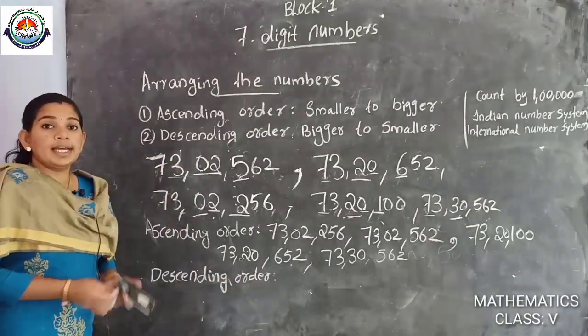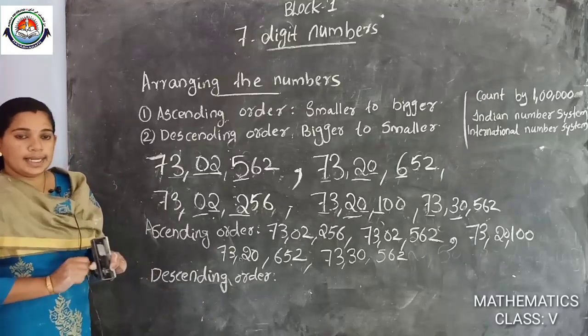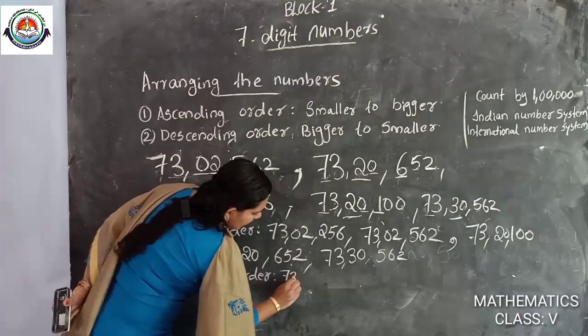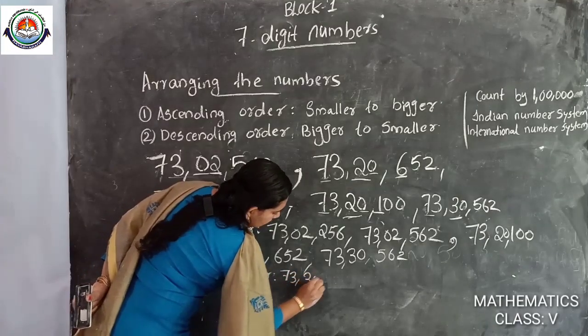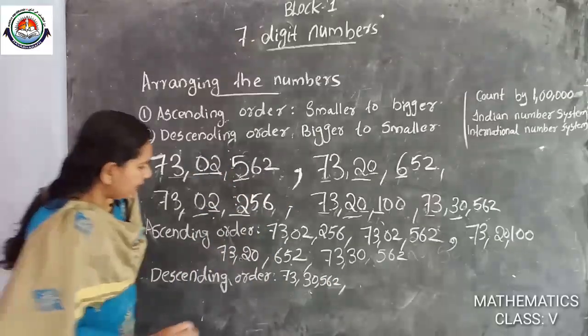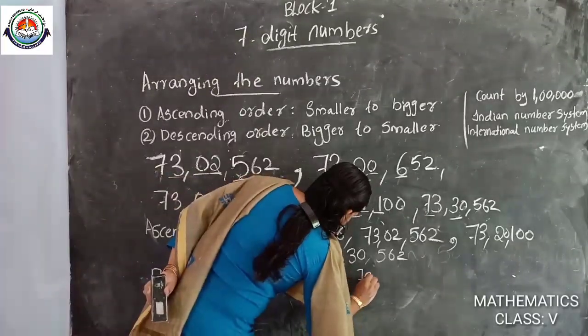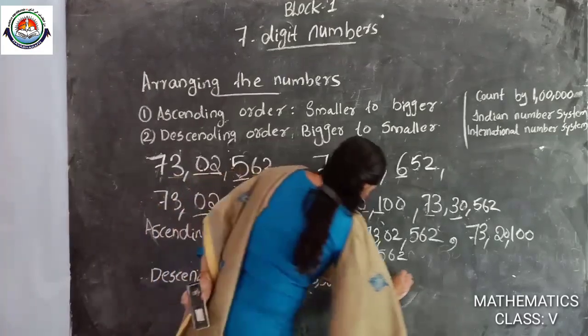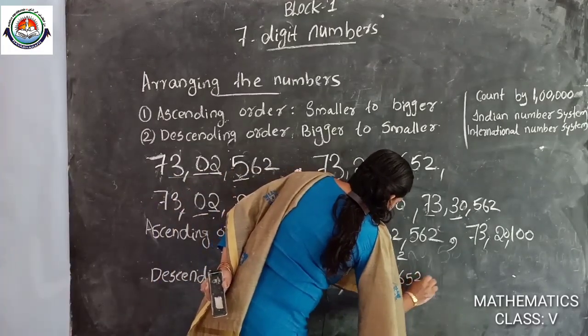Descending order is the reverse of ascending. So we will write this first: 73 lakh 30,562. The next number, 73 lakh 20,652.